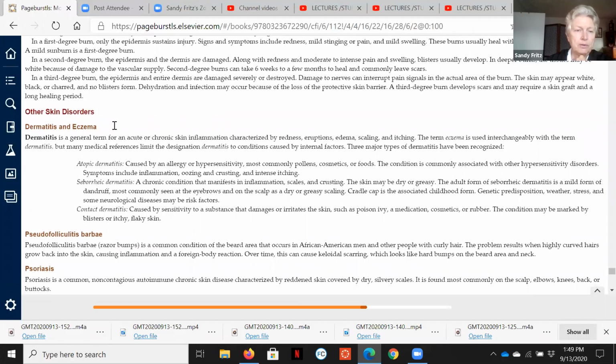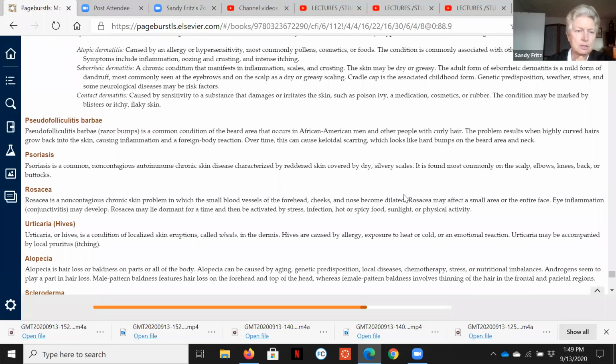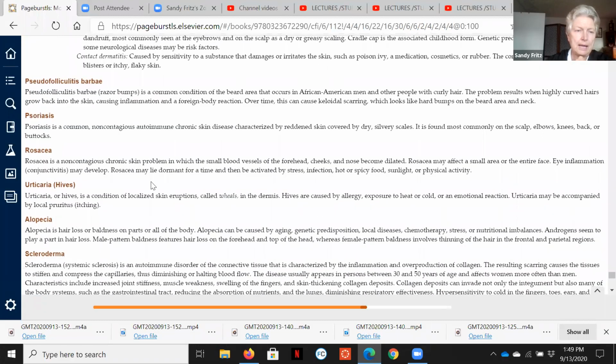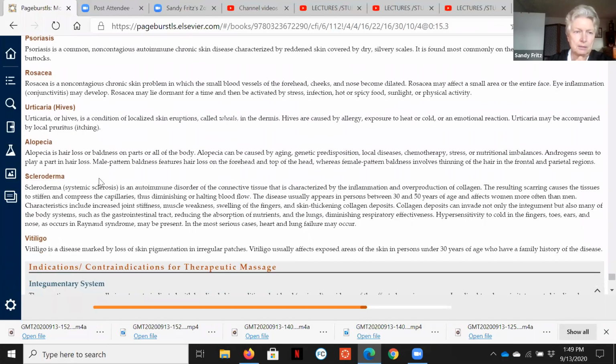So here are some other non-contagious conditions. This is hives. Alopecia is where you lose the hair. Scleroderma can be problematic. It's actually an autoimmune condition related to the connective tissue, and so we think of it as the skin getting stiff, but it also affects other organs, and so this can become progressive.